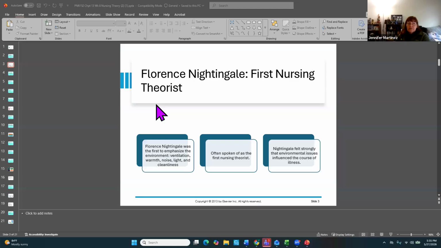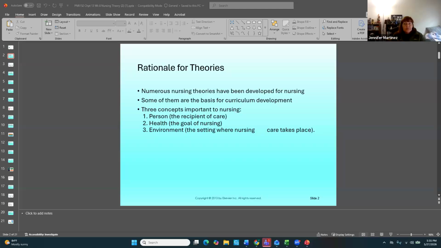Some of them are even the basis for curriculum development. When we're developing curriculums for nursing programs and other educational sessions, a lot of them are based off of a nursing theory, or they use nursing theories as a foundation for that course. They also are a basis for research on the effectiveness of nursing care.